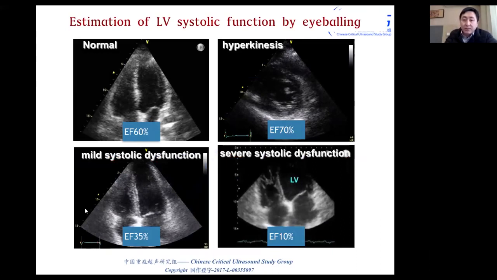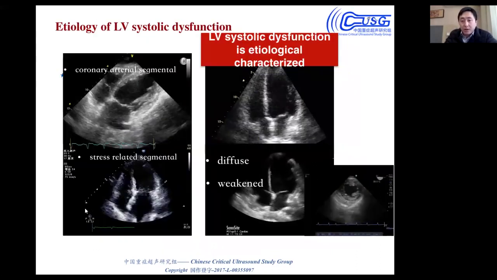to know if the patient has diffuse depression, or if the patient has regional hypokinetic movement of the left ventricle wall that may be caused by stress or coronary artery disease.